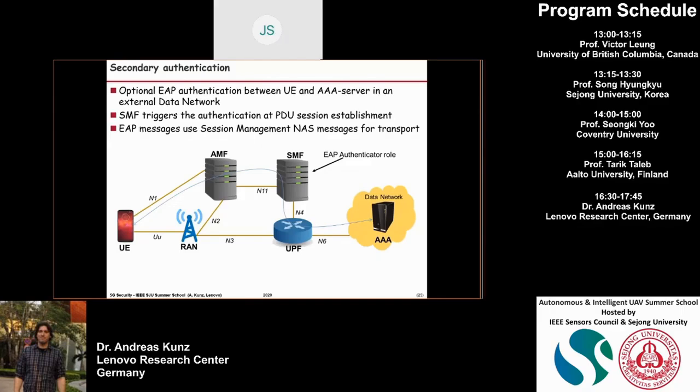And this is triggered by the PDU session establishment request of the UE. And only after this authentication was successful, the UE is able to connect to this data network and to establish this PDU session. This is a very new procedure in 5G.